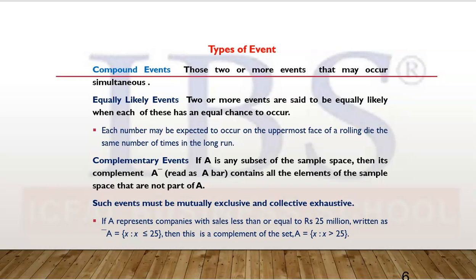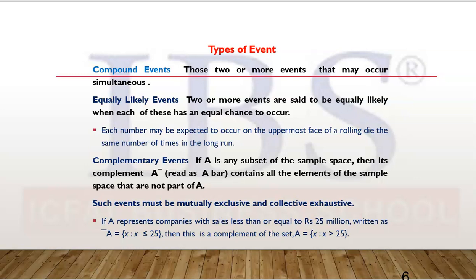Complementary event. Suppose I say probability of head and probability of tail, these are complementary. Now if A is any subset of the sample space, then its complement, which is read as A bar, contains all the elements of the sample space that are not part of A. So all other outcomes except that event are the complementary events.